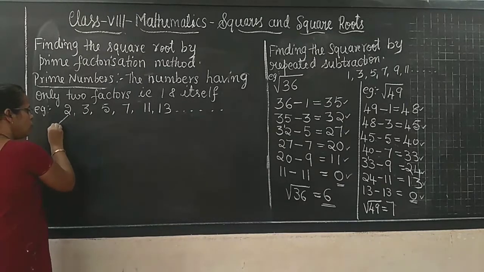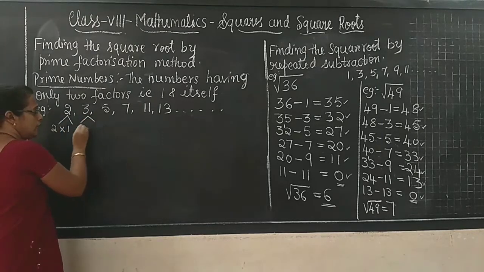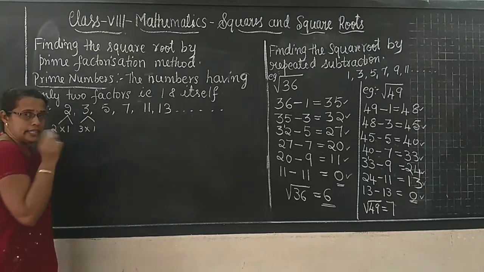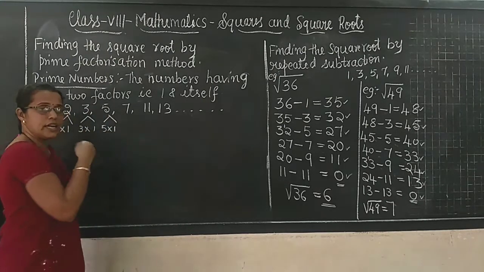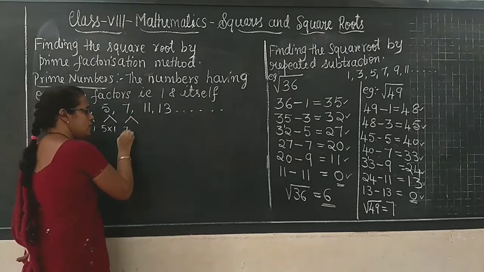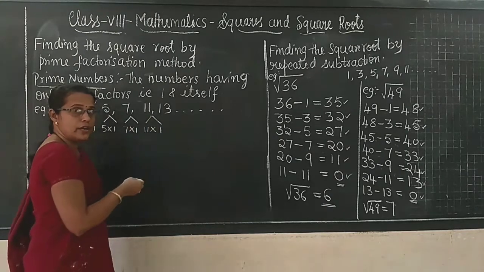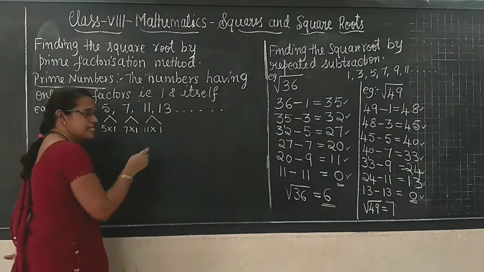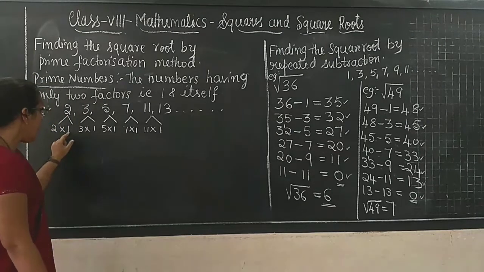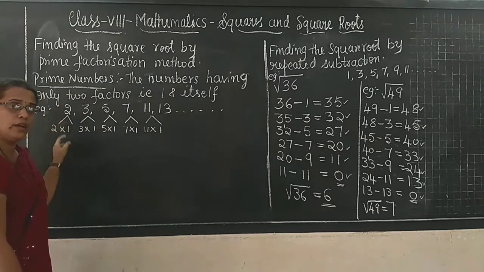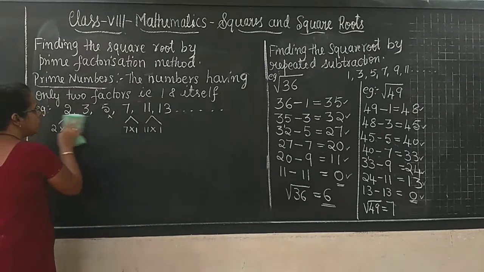So there are two factors. 3 ones are 3, 1 three is 3. Are any other factors there? No. 5 ones are 5, 1 five is 5. Two factors. Then 7 ones are 7, 1 seven is 7. 11 ones are 11, 1 eleven is 11. Yes, children, all have only two factors, which are 1 and itself. So they are called prime numbers.